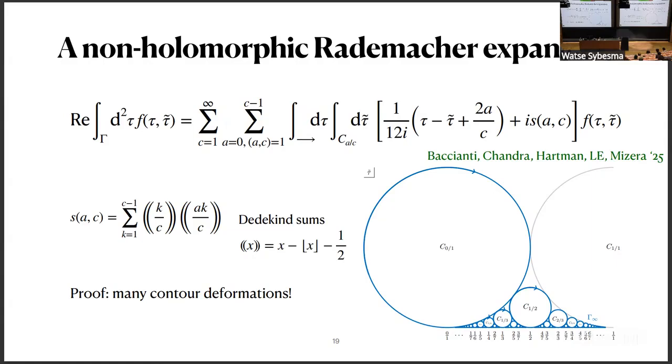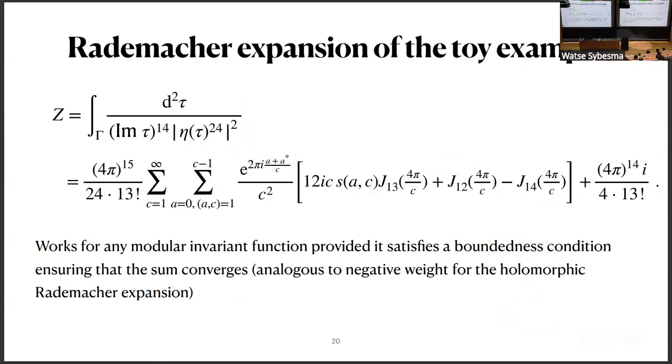It's kind of fun. Okay, so just to convince you that this works, let me tell you the answer for the bosonic one-loop partition function. So if you want to compute this integral, you can do it. It will be an infinite sum representation, and so there's an absolutely convergent representation with some phases. So you see you get this e to the 2 pi i a over c, and you also get a star over c, where a star is the inverse of a modulo c.